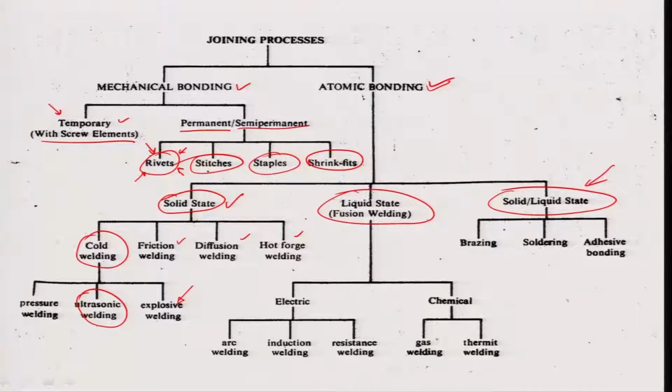In the liquid state and fusion welding processes, you typically use a source of heat so that you are able to either melt the parent material or a different material together for introducing the bonding between the two.